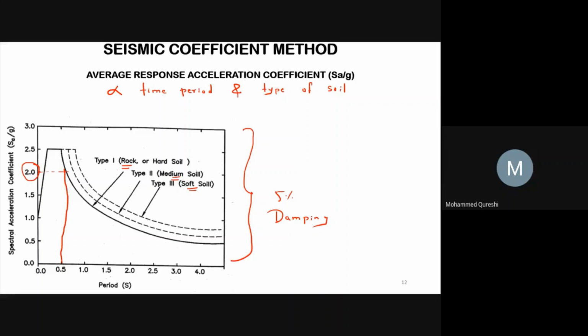This is just for an example. Suppose you have time period 0.5, then you will get for rock soil the Sa by g value as 2. By this way, you have to calculate the value of Sa by g for different periods of time.